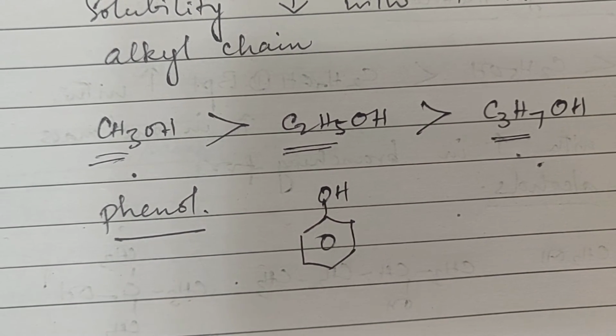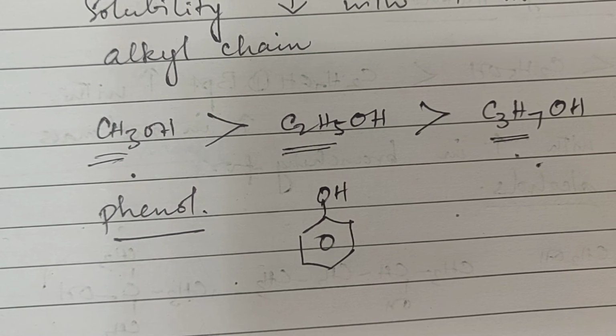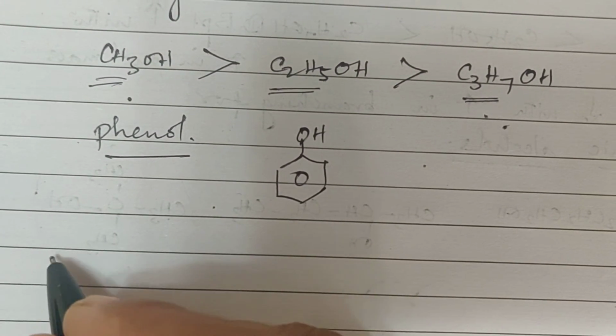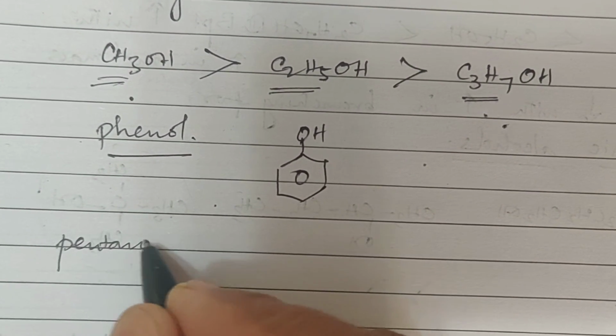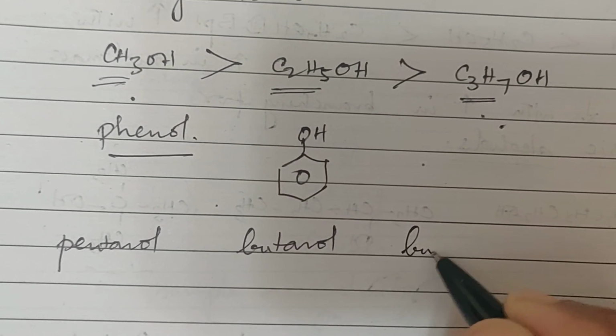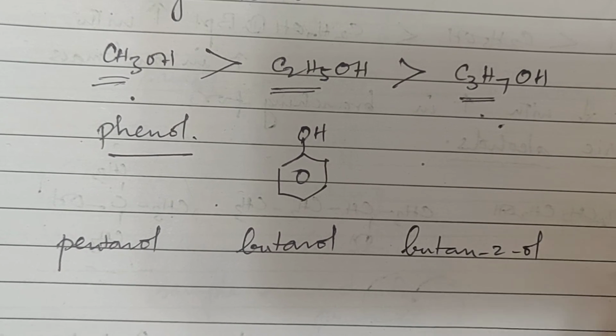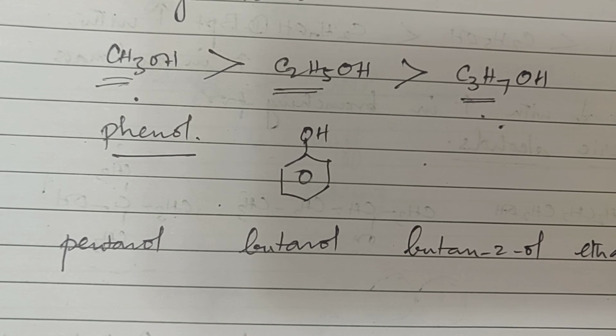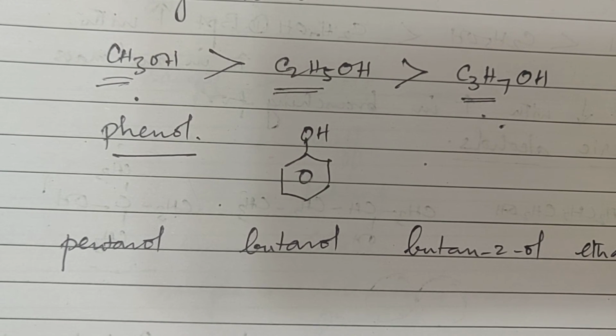Now there are a few questions which are given in your textbook. Example question: you have been given, say, pentanol, then you have butanol, and then butane-2-ol, say then ethanol, then propanol, like this.